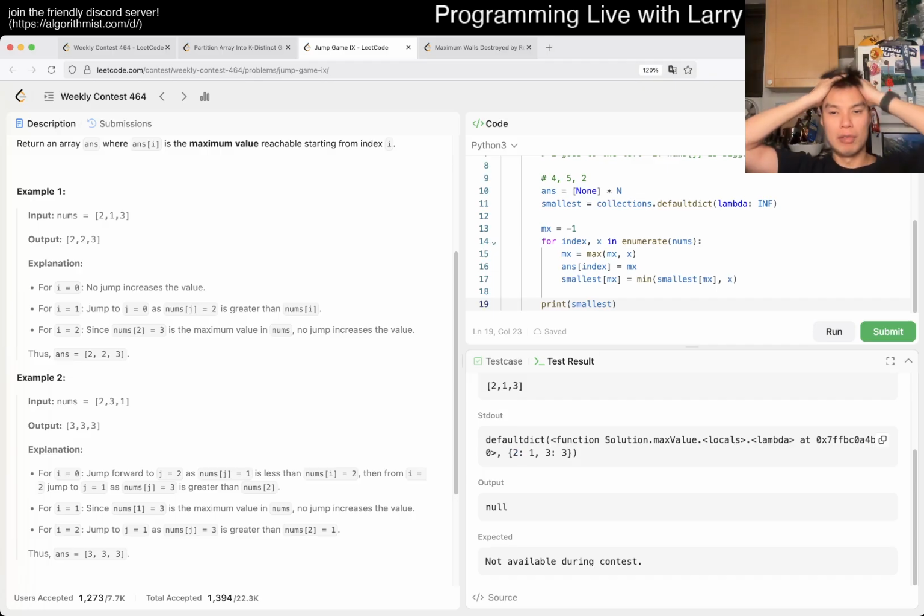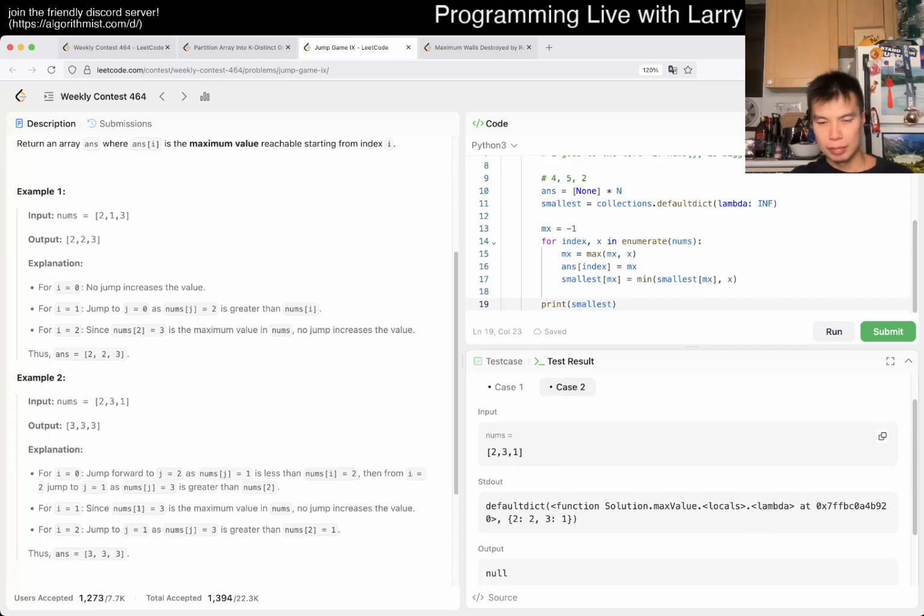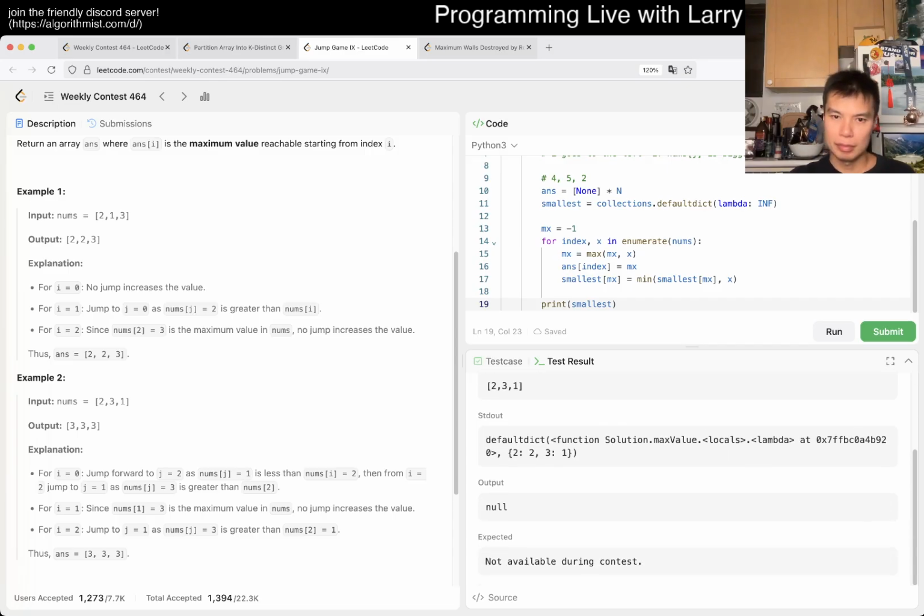So then now, this is going to be... what does this mean? I mean, we need to do a prefix backwards, right? Because it means that if you're 2, then you could go to a 1 later, right?